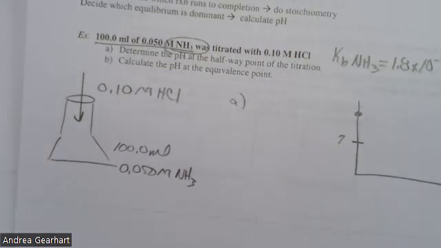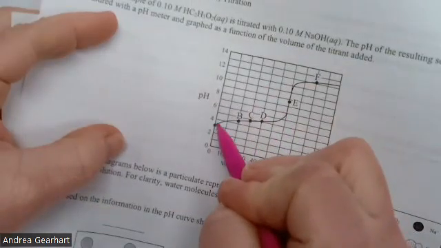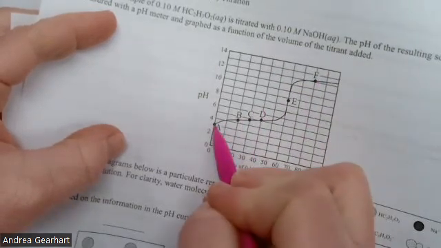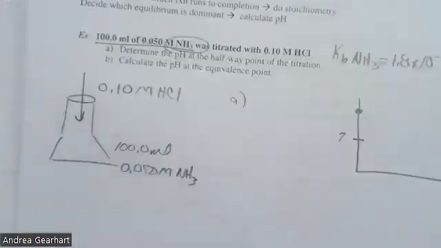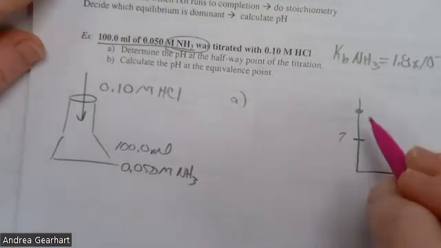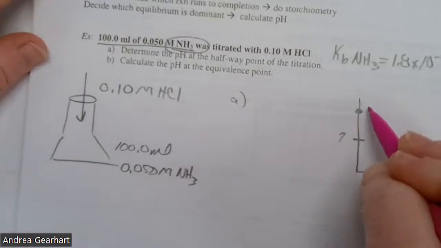We're adding strong acid. So we've seen what, let me just pull this back again. We've seen what, beginning with weak acid and adding strong base. We get whoop and so on. So does it go up?